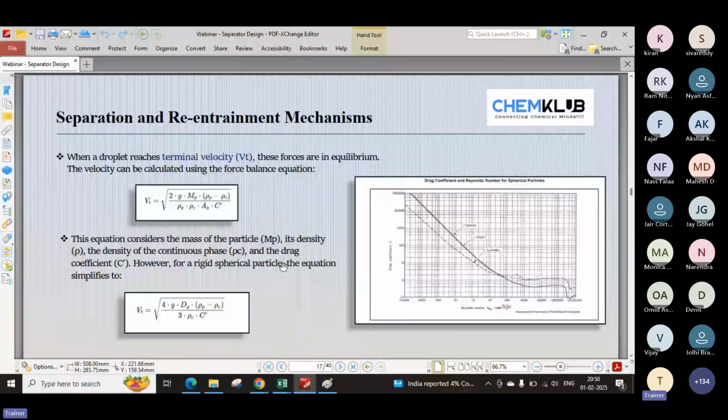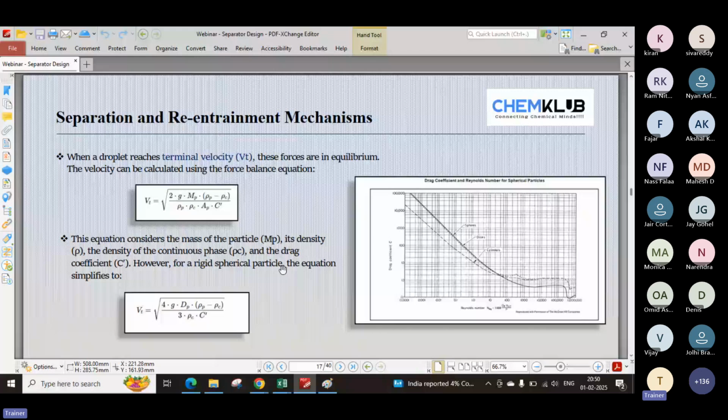Okay, so how to define this, when will this happen? This will happen when your droplet reaches a terminal velocity.